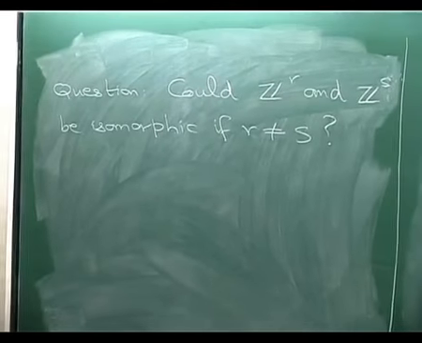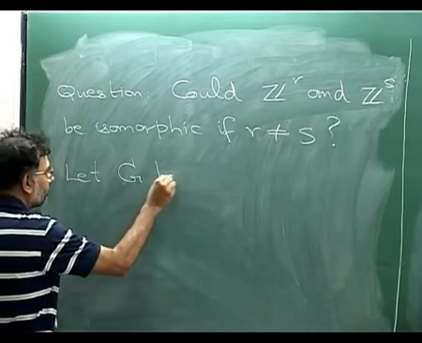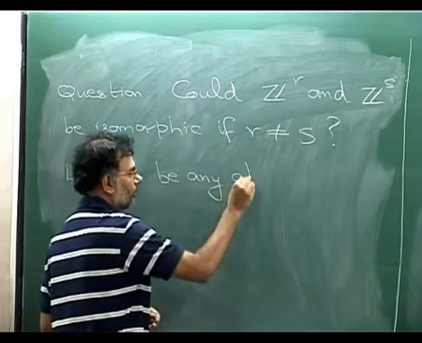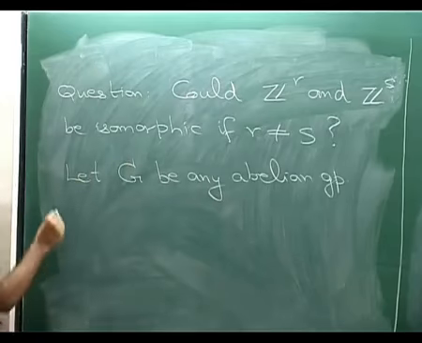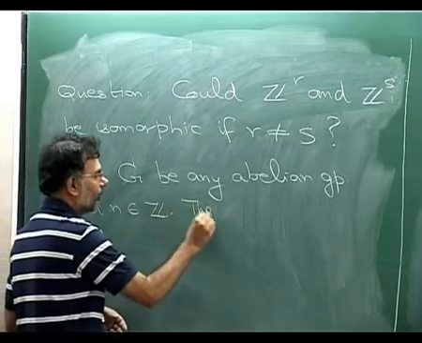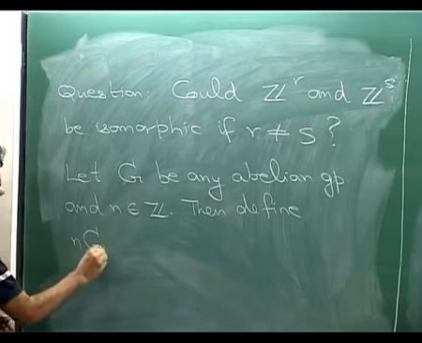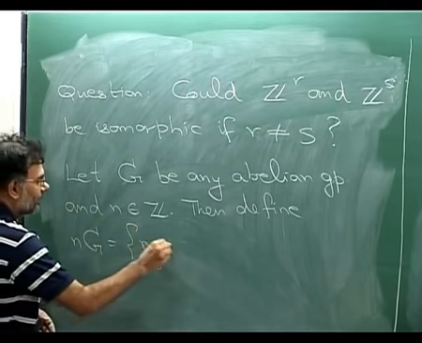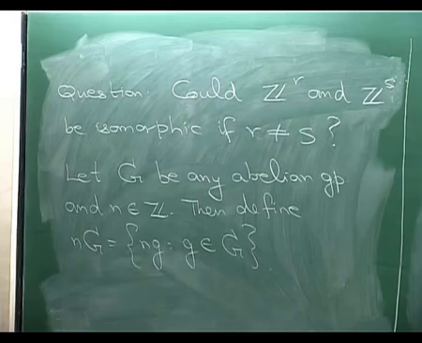And this anyway introduces another important concept in abelian groups. So let G be any abelian group, and n be any element of Z. Then we define nG to be the set of all ng as g varies over G. I am using additive notation for abelian groups, so I am writing this as n times g.